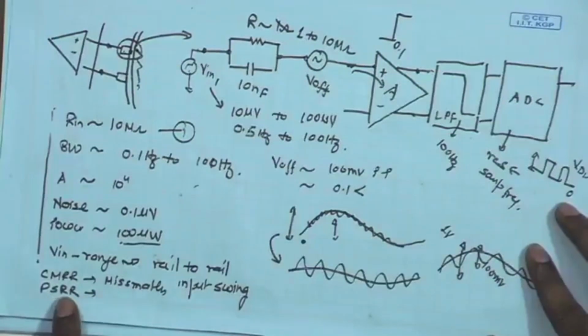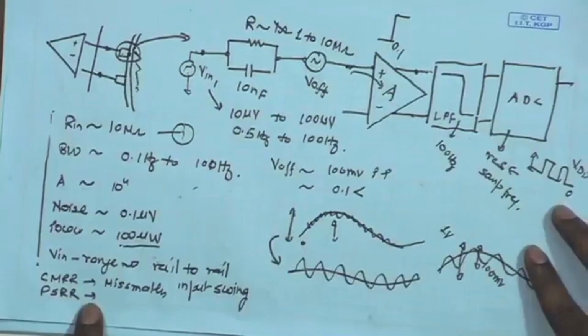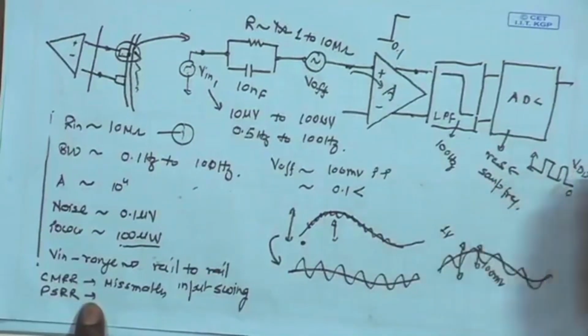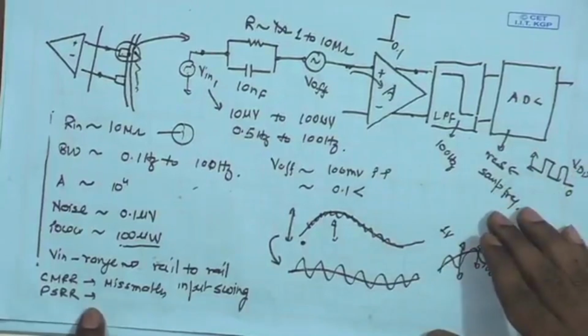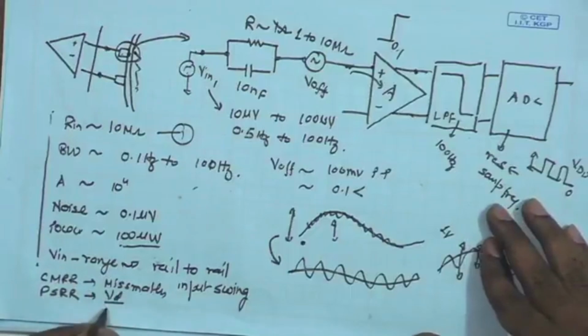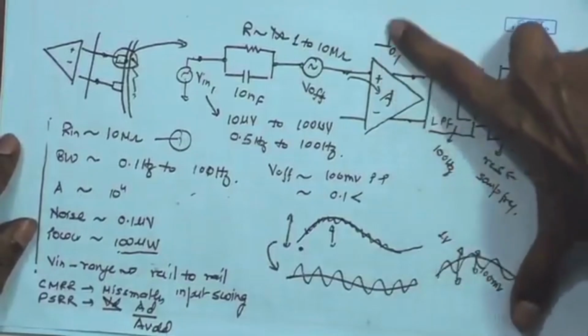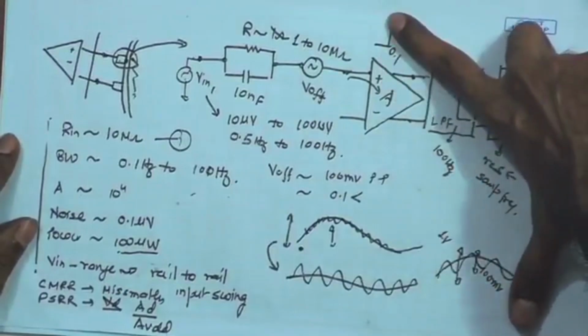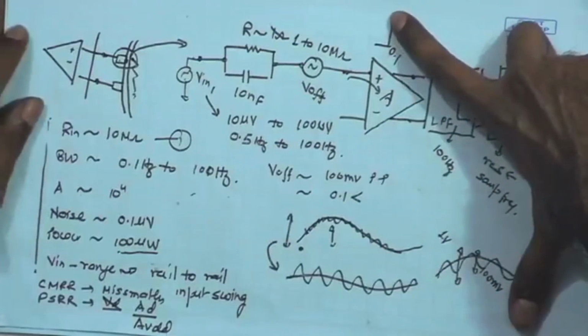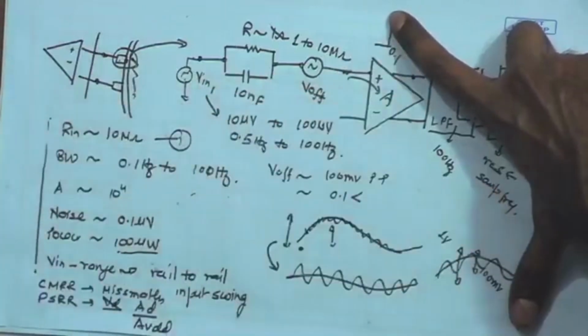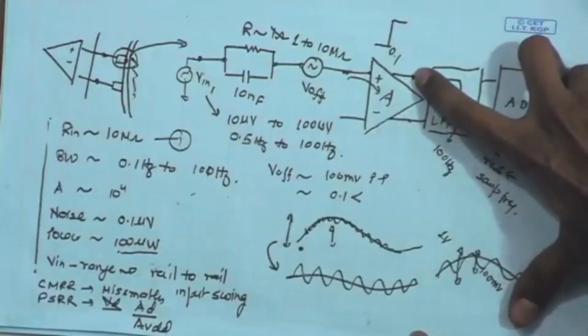Another important factor is PSRR, power supply rejection ratio. That is determined by the ratio of the signal gain divided by the gain from power supply noise to the output. So this is the differential gain AD upon AVDD. That means if you imagine that the power supply itself has some noise, how does that power supply noise translate to the output of the amplifier?